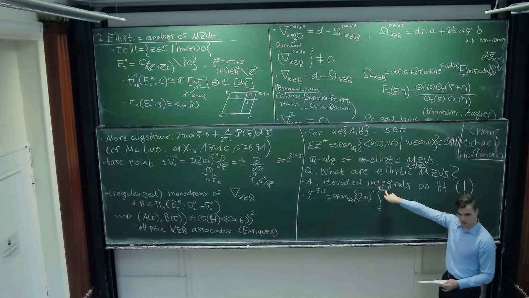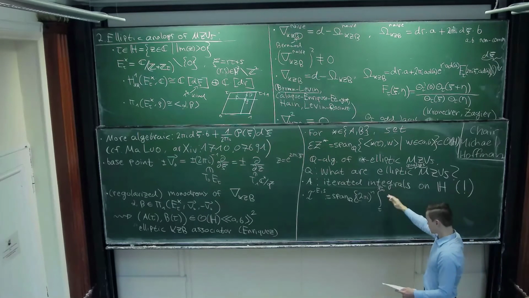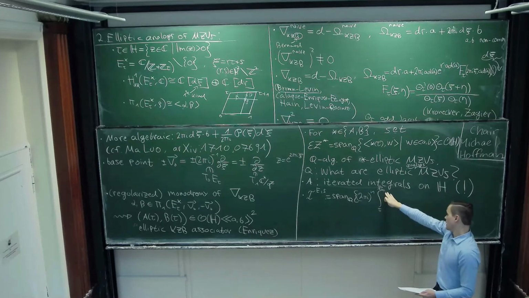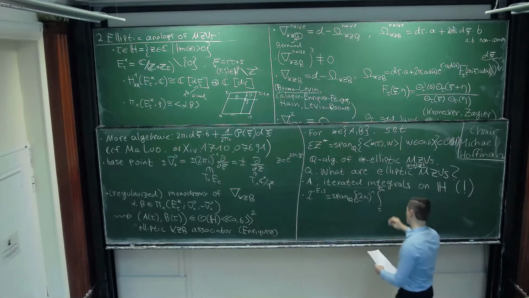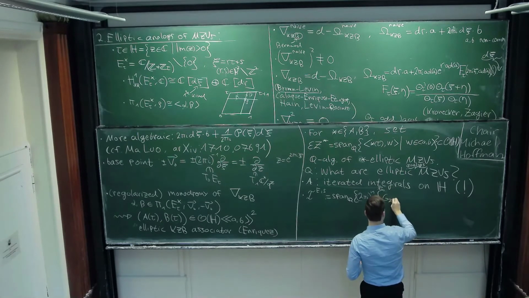But I have to be a bit careful here because what I will integrate over will not vanish at i infinity. And there's this business of tangential base points that I will not want to go into for now.